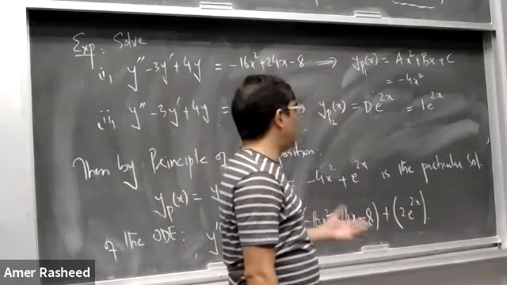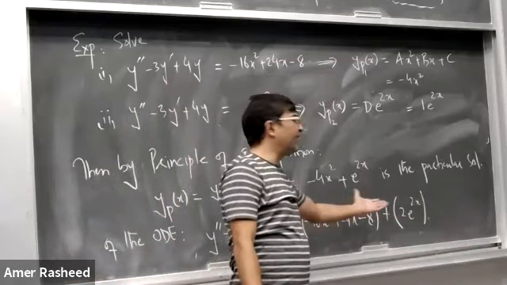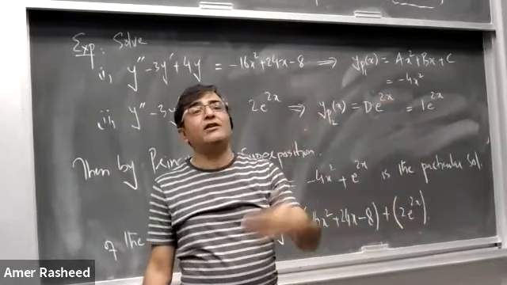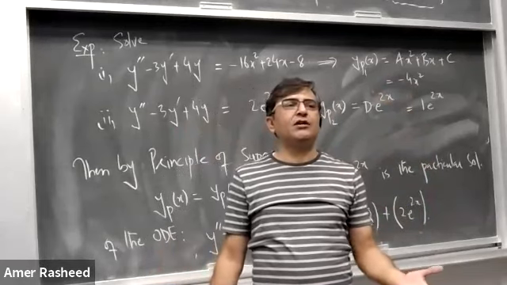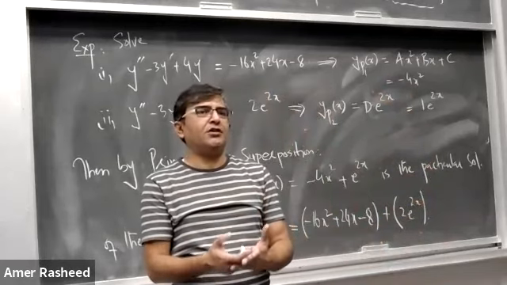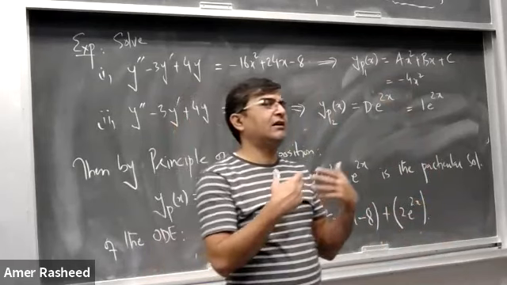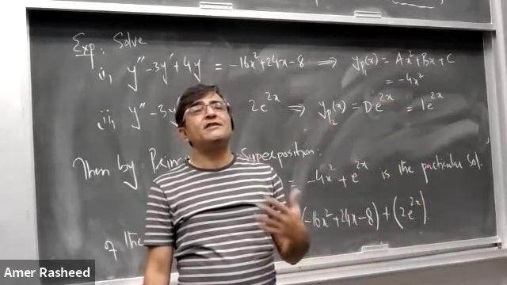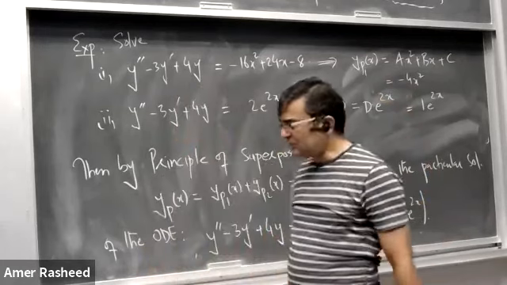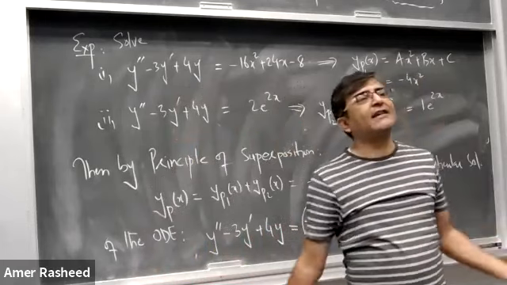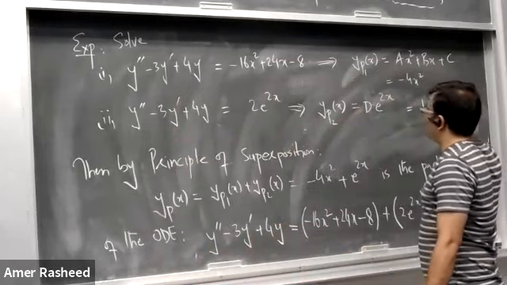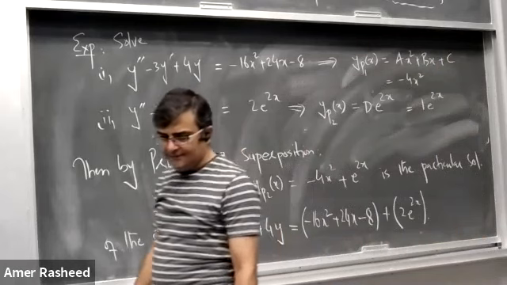If we are given three kinds of functions here, then we can divide the equation into three differential equations, and then separately find the particular solution of each, and then by using the principle of superposition, we can sum up the particular solutions in order to get the particular solution of the given differential equation. This is why the principle of superposition is important here, and it helps us to simplify the calculations to find the undetermined coefficients in these cases.